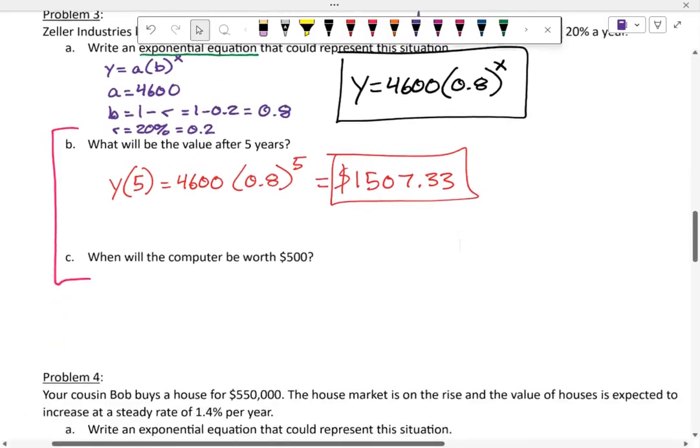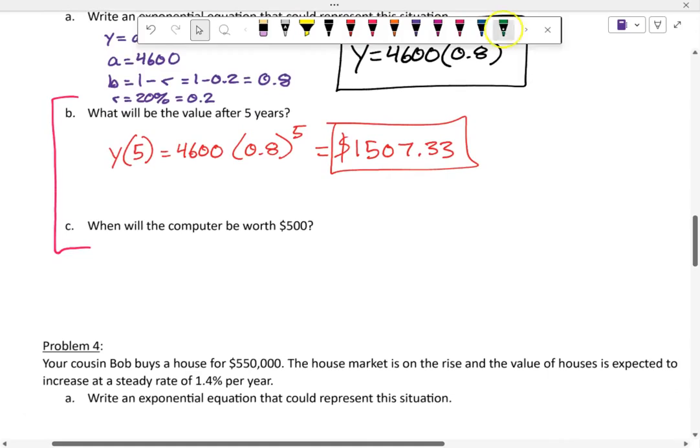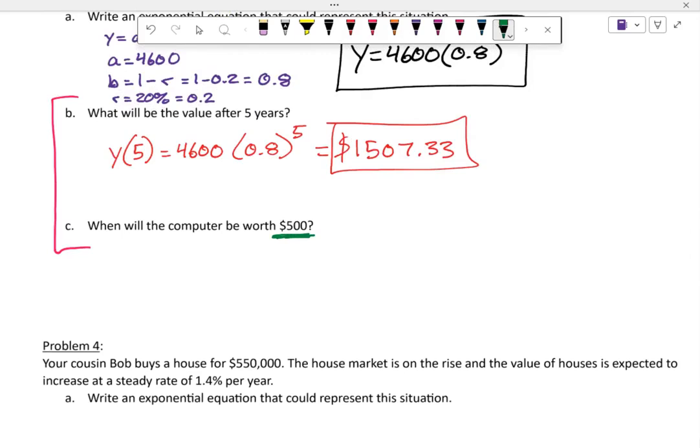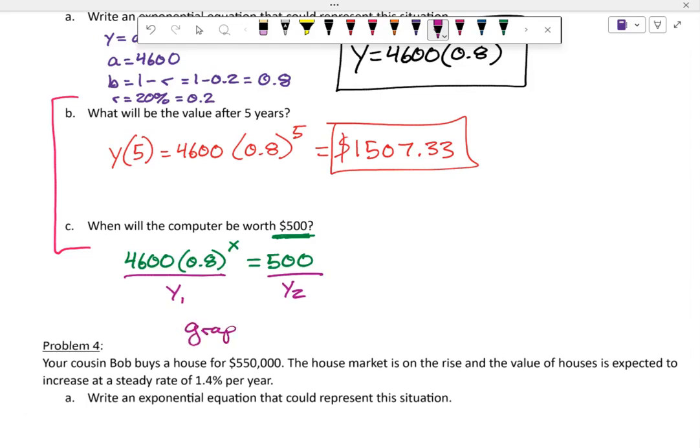All right, when will the computer be worth 500? So again, remember, that is an output value. That is the amount. So that is when we have 4,600 times 0.8 to the x equals 500. So we have to do y1, y2, graph, and intersection. What did you guys get for time on that one?